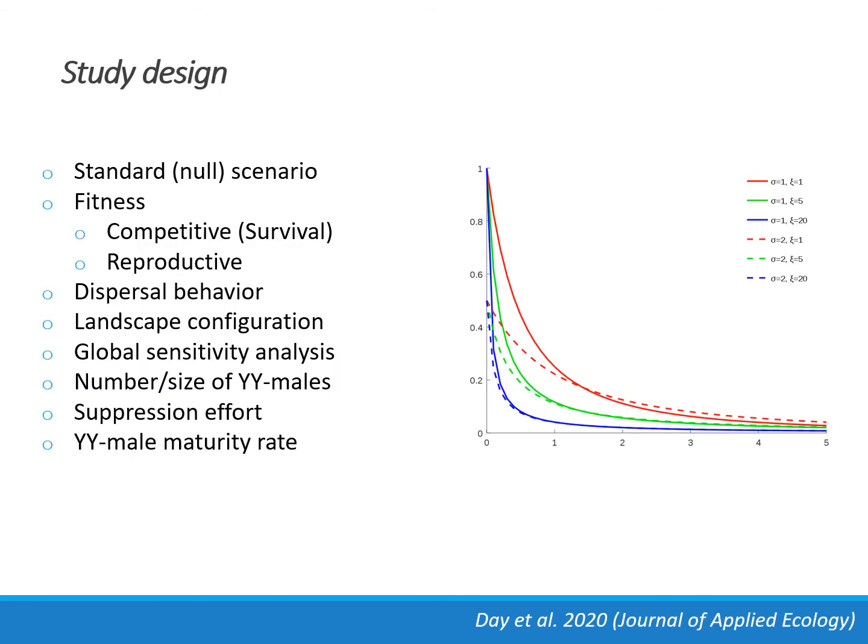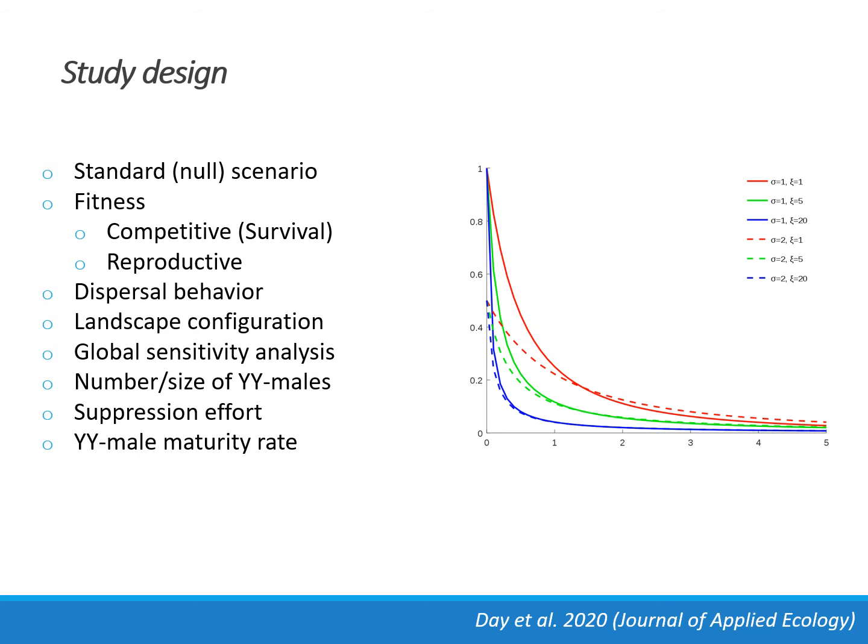So I just want to run through again the various factors that we looked at across these studies, and we compared these simulation experiments back to a null scenario of YY outplanting as a baseline. We looked at how each of these factors affect the success of the program.